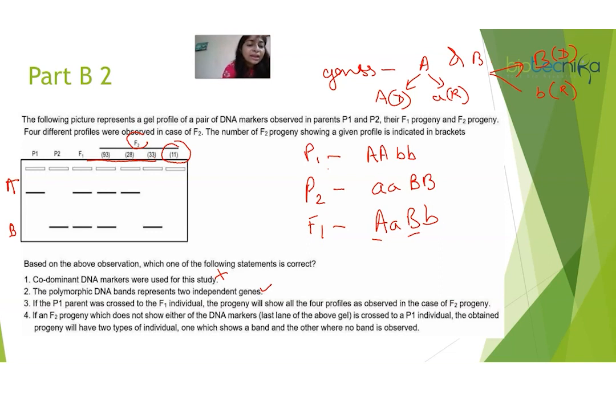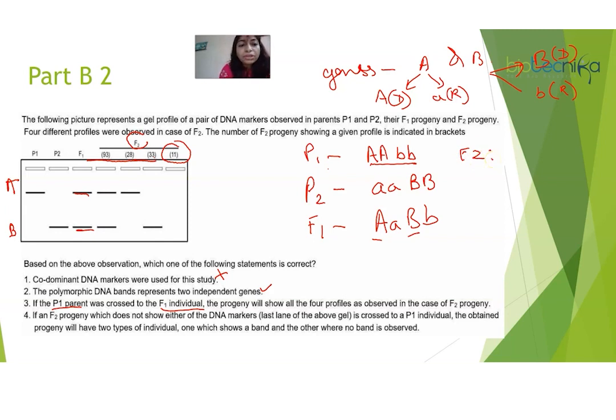That is the reason F1 is showing 2 different bands. Now the statement says if the P1 parent is crossed with the F1 individual, the progeny will show all 4 profiles as observed in the F2 progeny. So in the F2 progeny, what genotypes are we seeing?